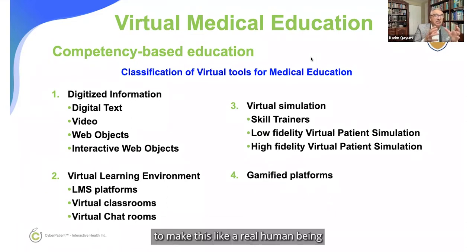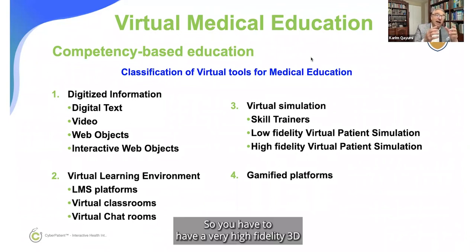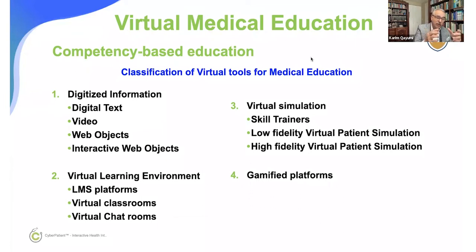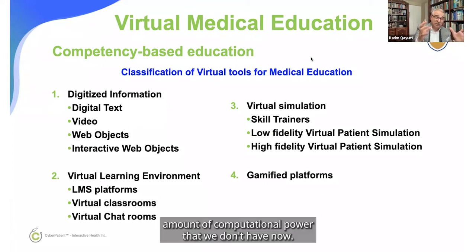To make this like a real human being, to palpate and actually do it, theoretically it's possible, but the technology is not there. You have to have a very high fidelity 3D environment that would require an enormous amount of computational power that we don't have now.